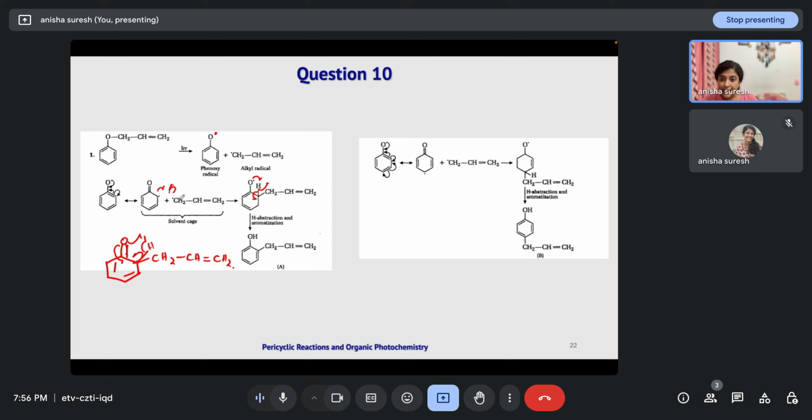Or in the solvent cage, these two can recombine, leading to formation of this CH2.